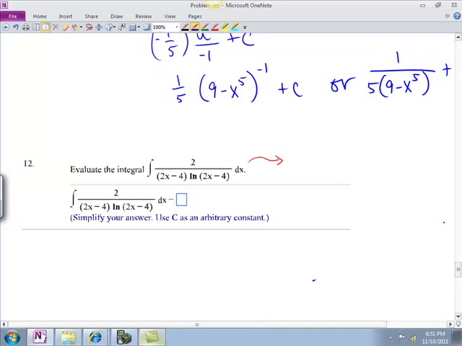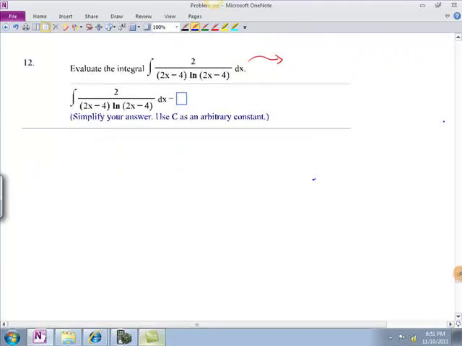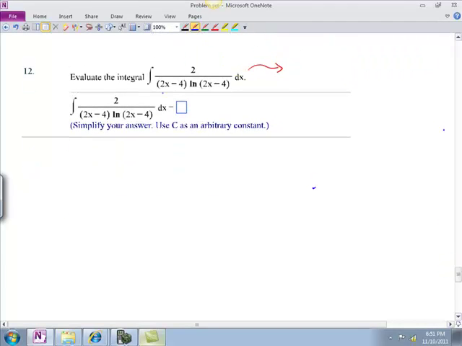Number 12. Does that look fun? Yay. All right. Evaluate this integral. What would be the one thing that I could start off with doing? Before we let u, pull the 2 out. So this could be 2 times the integral of 1 over 2x minus 4 ln 2x minus 4 dx.